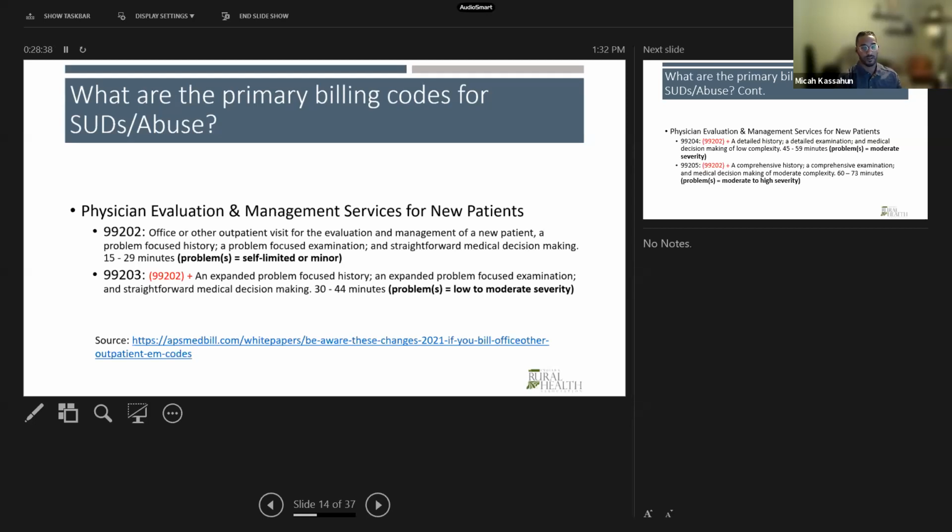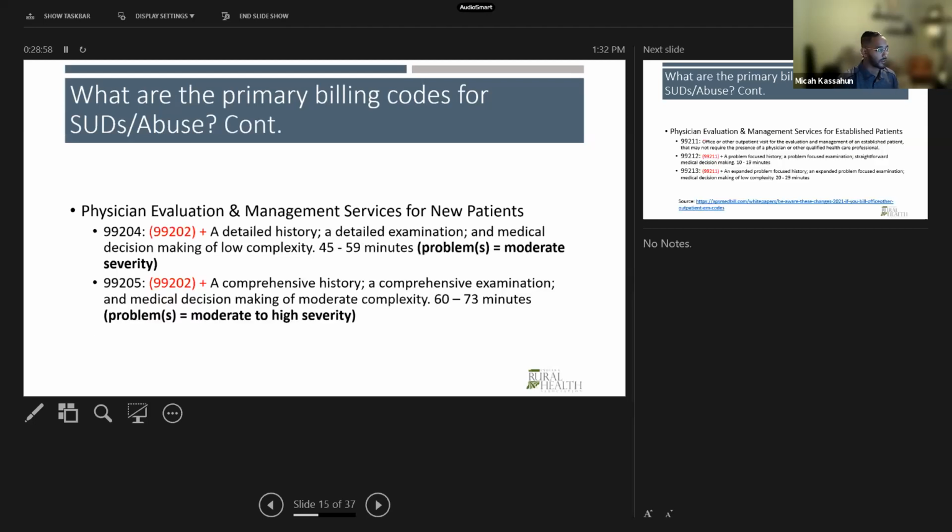This is common for SUDs because this requires either through telehealth or through in-person visits at the provider's office for the individual to make multiple trips out or have multiple appointments to go through the chronic disease of substance use disorder. So this is commonly used.